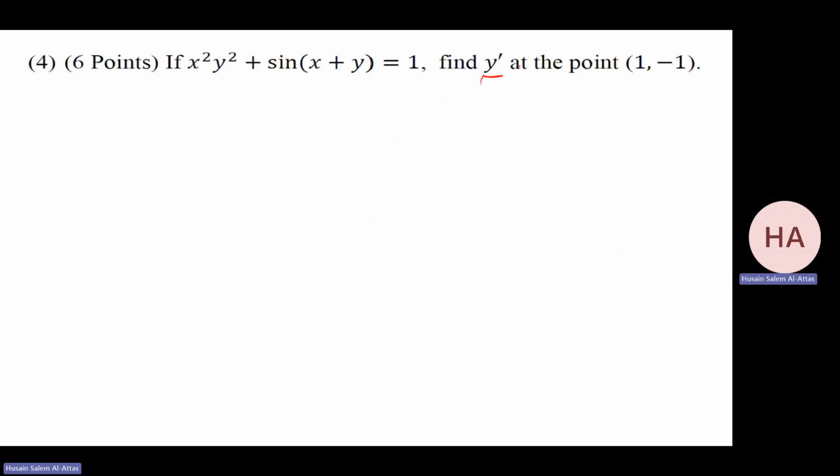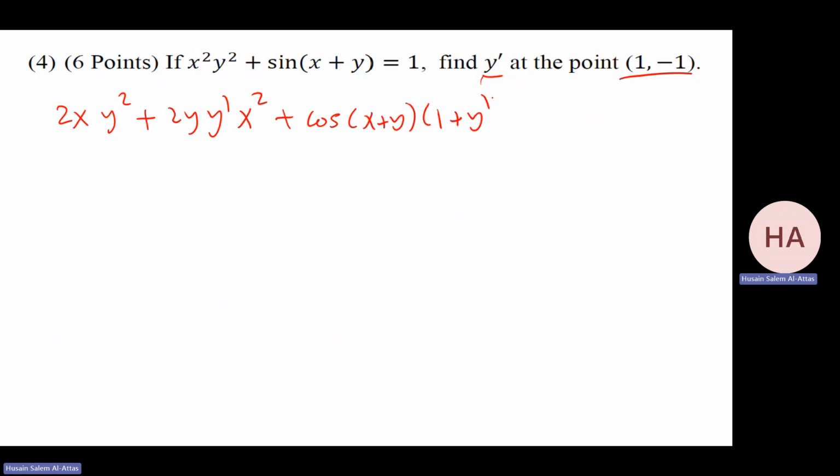Find y prime at this point. Differentiate: 2x y squared plus 2y y prime x squared plus cosine of x plus y times 1 plus y prime equals 0. Now 1 and minus 1. What will I have? This is 2.